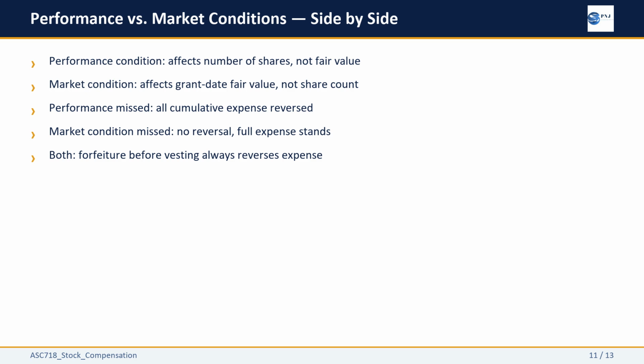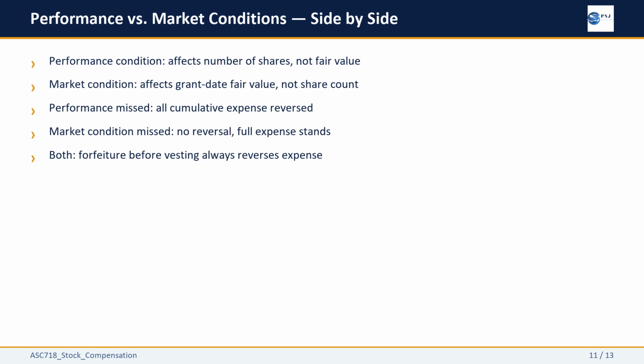Placing these two condition types side by side makes the contrast clear. For a performance condition, the grant date fair value is fixed, and what changes period to period is the number of shares expected to vest. If the performance target is ultimately missed, all recognized expense is reversed. For a market condition, the share count is fixed, and what changes at grant date is the fair value itself.